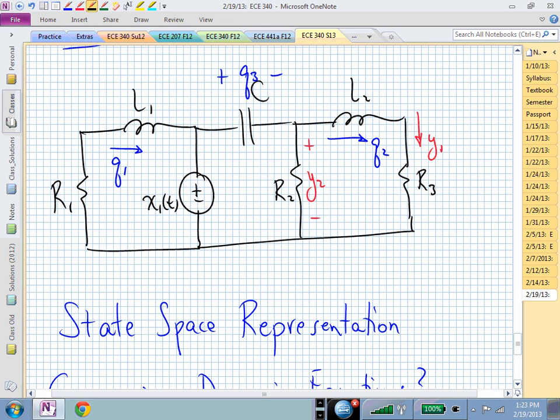And how are we going to find those? Well, sometimes you just kind of have to start and see what happens. But you can maybe be guided by the ELI and ICE. What do you know about ELI? V is equal to L di dt. So we can get a Q1 prime or a Q1 dot by looking at the voltage drop here.